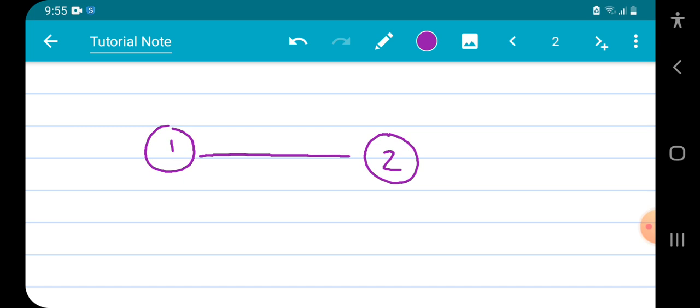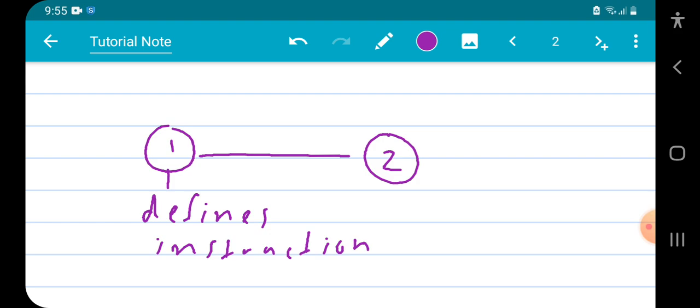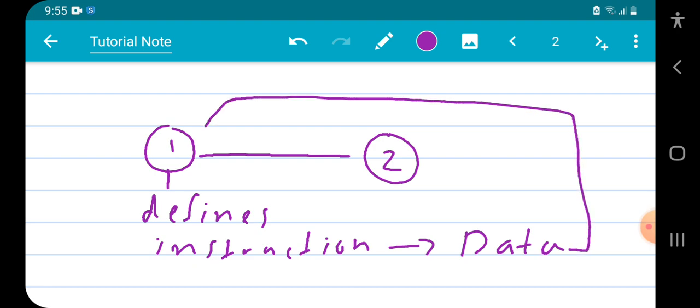What defines an artificial neuron are the instructions that the artificial neuron needs to perform on the data that will be passed to it.